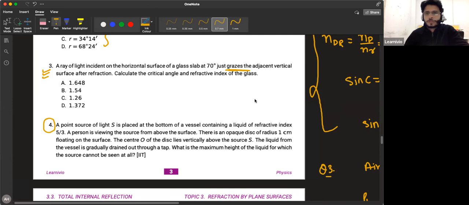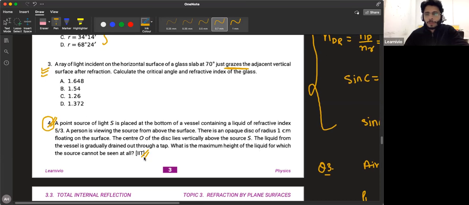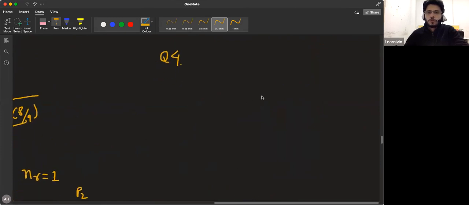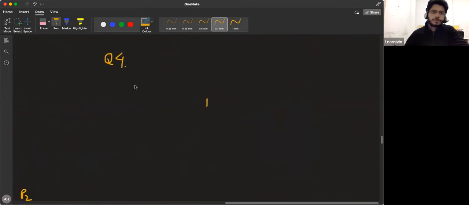Did you draw the rough sketch? Okay, I'm explaining the question. Question number 4 simply says that you have a beaker.